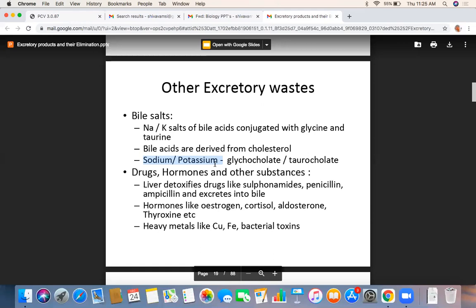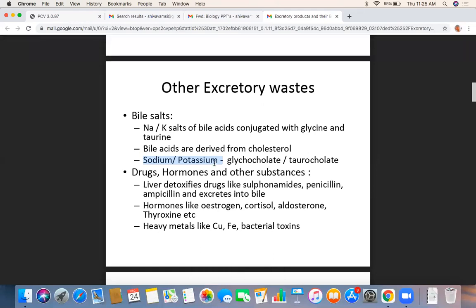Drugs, hormones, and other substances. Liver will be detoxifying lots of substances. Okay, if you take an antibiotic, it will try to detoxify. When it is getting detoxified, there are substances which are removed from the system. So whenever you're taking medicines, you will see that your urine is yellow in color.